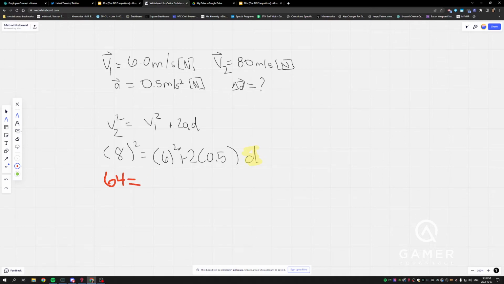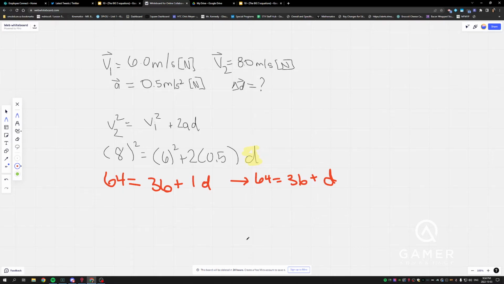And then I'm going to do 6 squared, and that's going to be 36. I'm also now going to do 2 times 0.5. That's 1. And I'm left with my D. And you could also rewrite this so that it's 64 equals 36 plus D. That's fine.